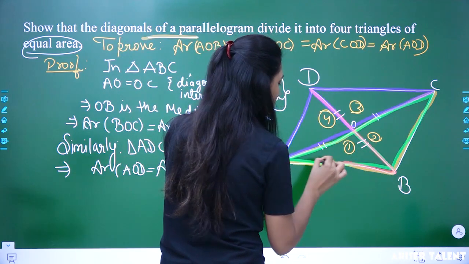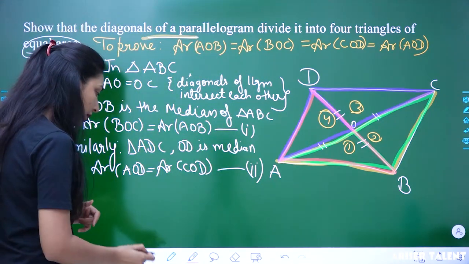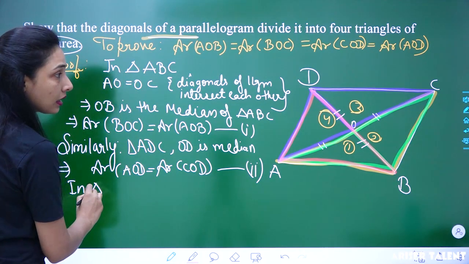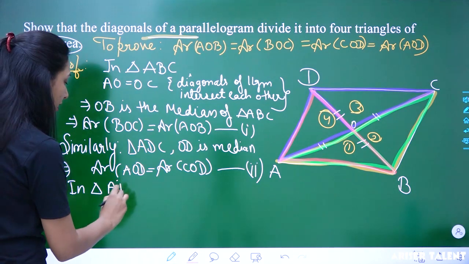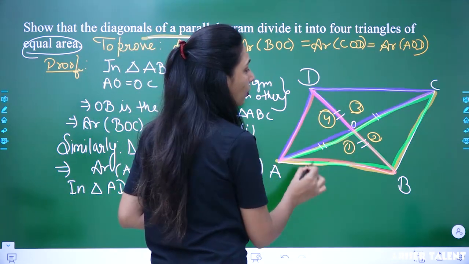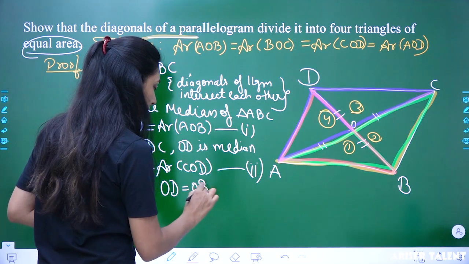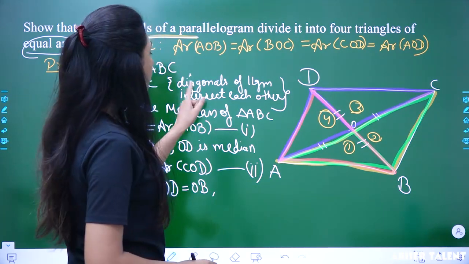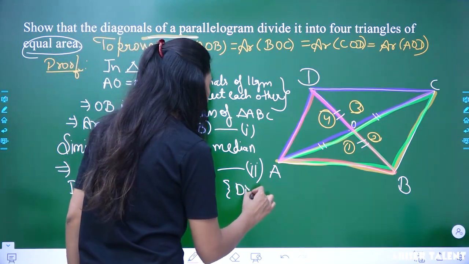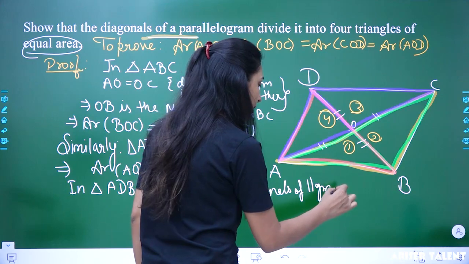If I take this complete triangle, then my dear students, in triangle ADB, same thing, OD is equal to OB, because of the same reason: diagonals of a parallelogram bisect each other. Write it, diagonals of a parallelogram bisect.